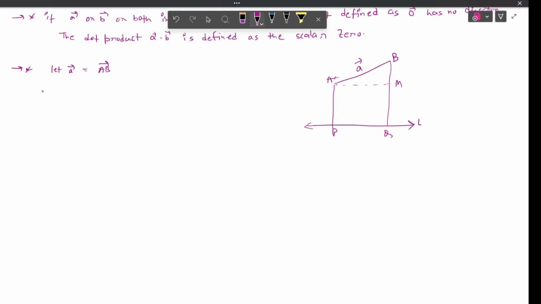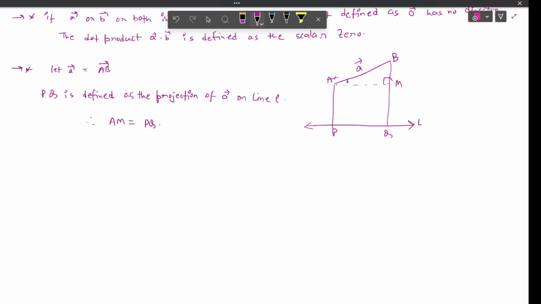So we can say PQ is defined as the projection of a vector on line L. Let AM be a perpendicular on BQ, then definitely we can say that AM is equal to PQ.